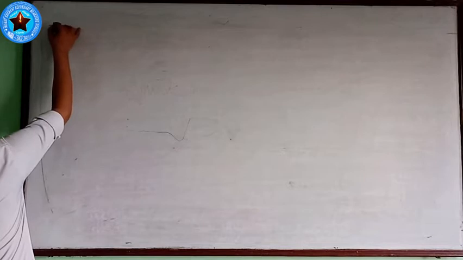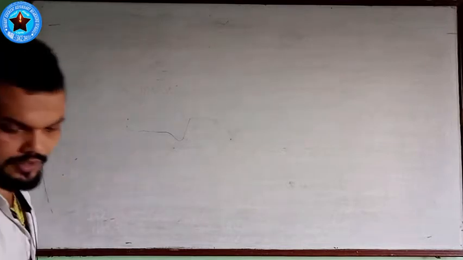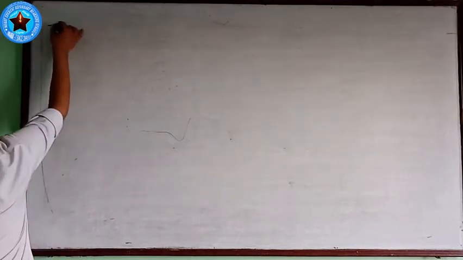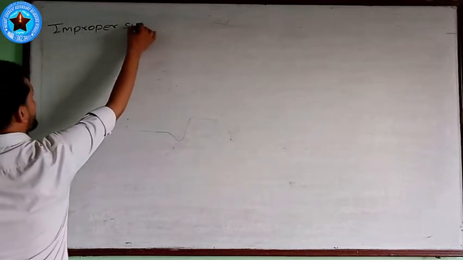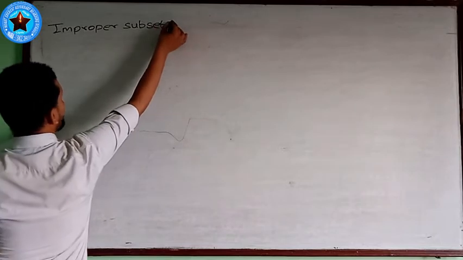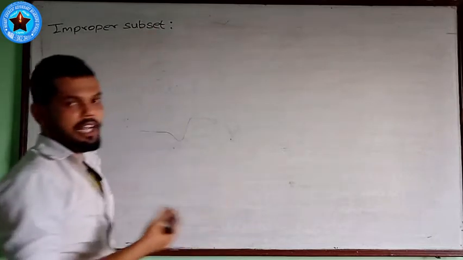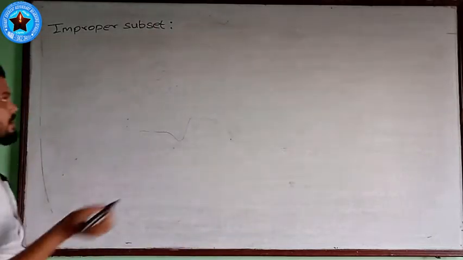Okay, now improper subset. Now this improper subset, that means what? Here again let me consider any two sets.